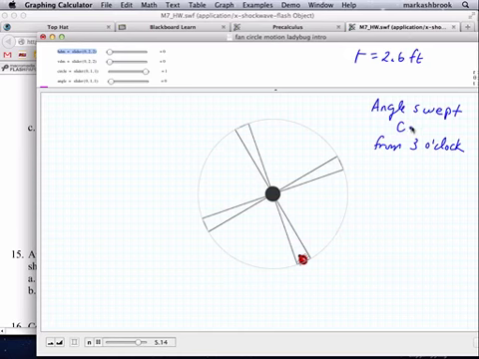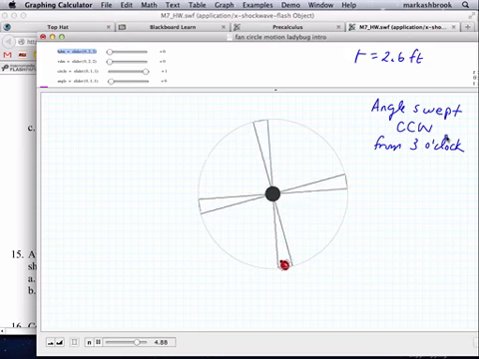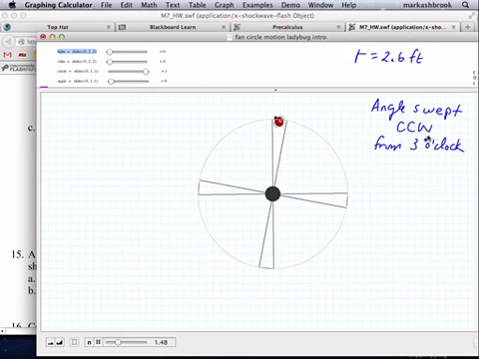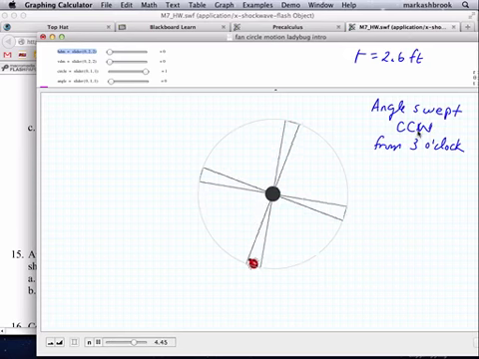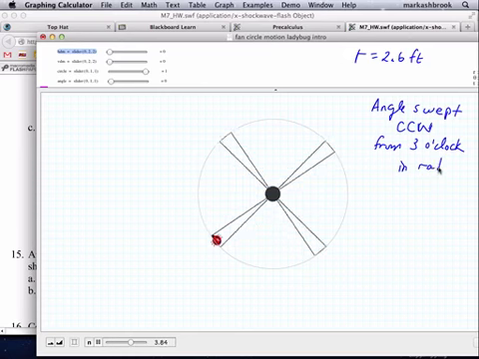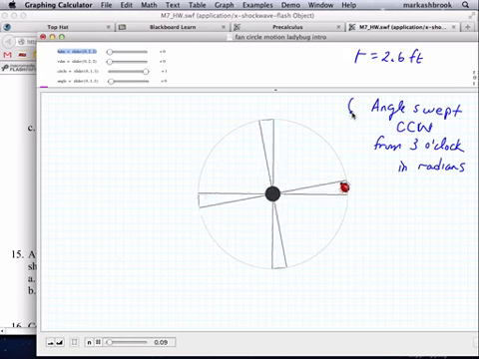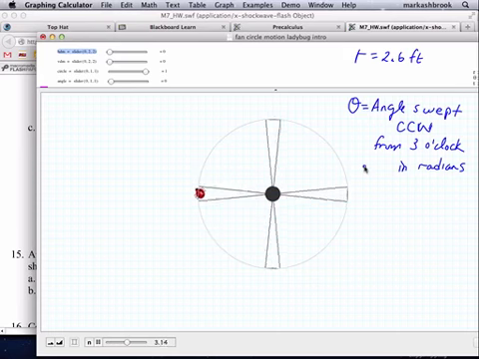When you see CCW or CW, this means counterclockwise or clockwise. That's our shorthand. So angle swept counterclockwise from 3 o'clock. What else? We want to use radians. And this is what we're going to call theta. Greek theta is the convention for representing an angle.